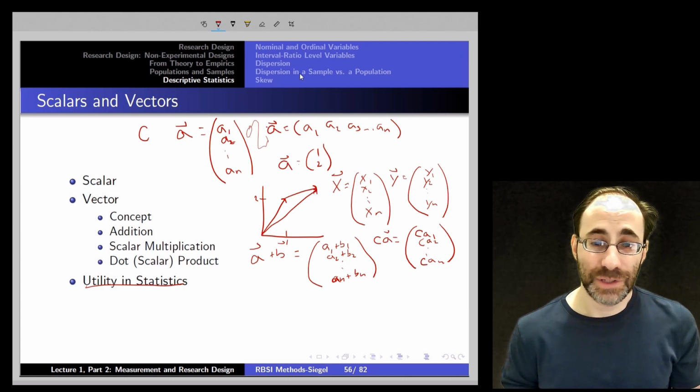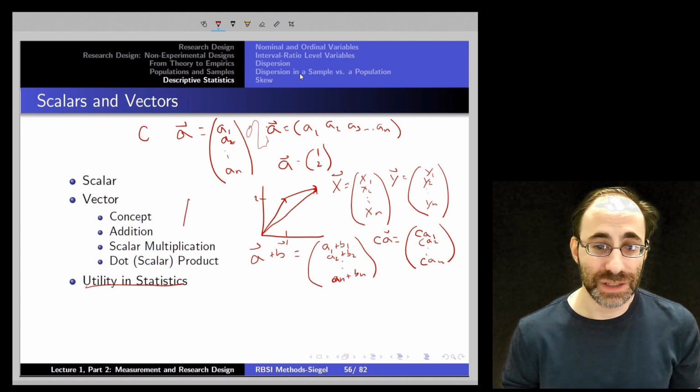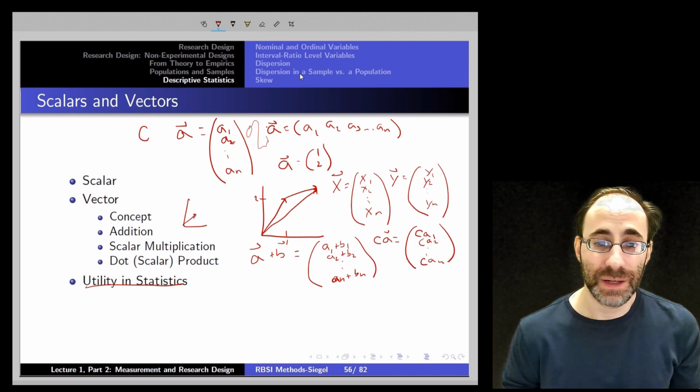For multiplication, I'll take the original vector and multiply it by a number. So if I had a vector that looked like this, say 1, 1, and I multiply it by 2, I would get 2, 2.